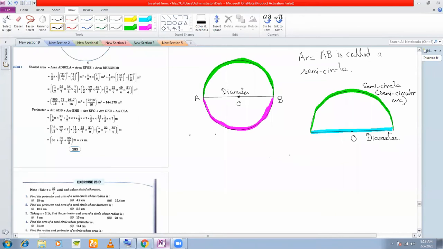So with this idea, we will move on to the area of a semicircle. Formula for area of a semicircle.